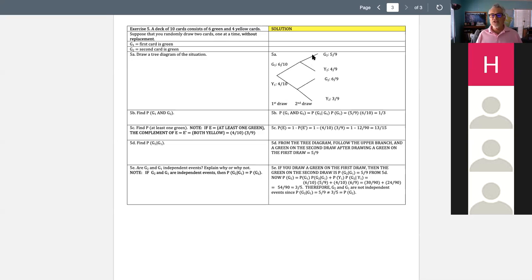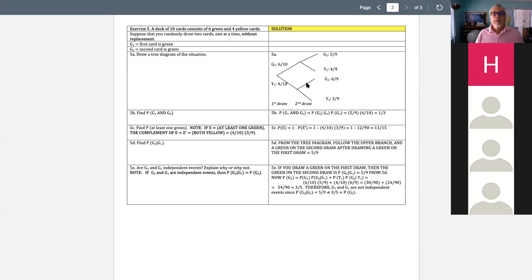So those are the branches out here. And then the bottom branch is if you were to draw a yellow card first, and then follow that up with a second draw, which might be green or yellow.